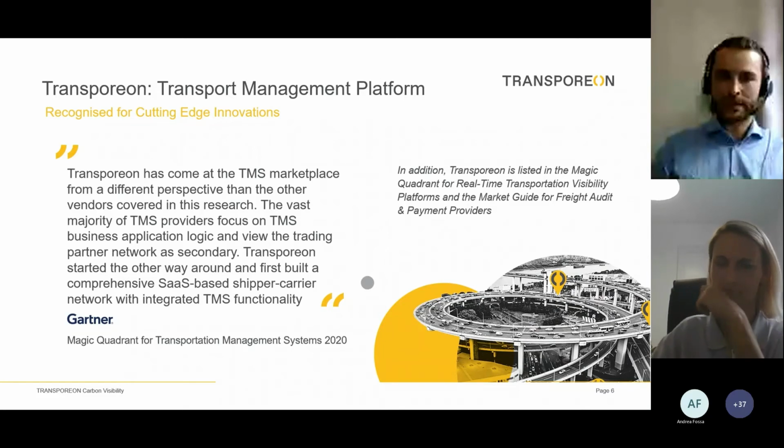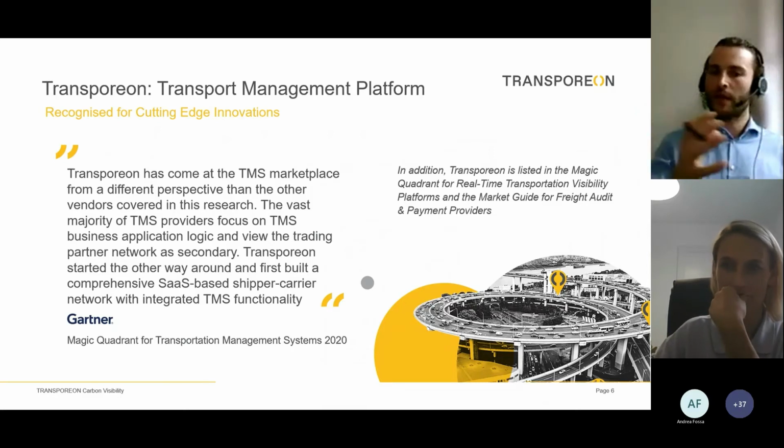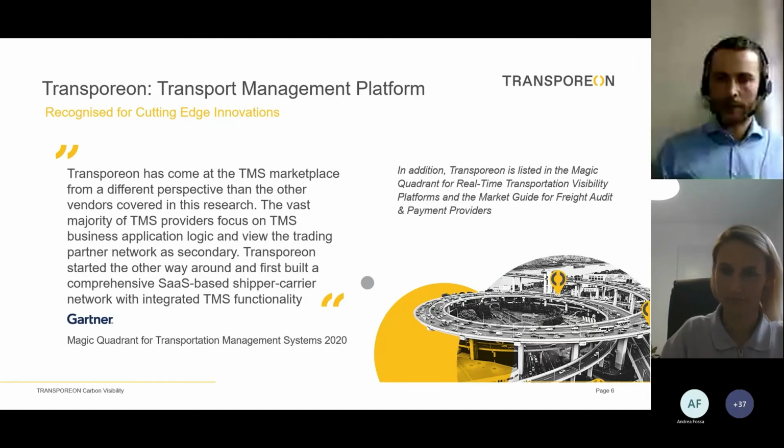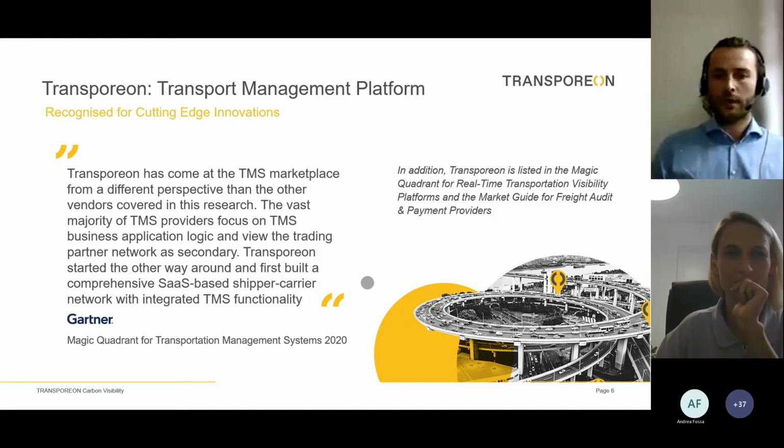We built the network of shippers and carriers first, and on top of this streamlined communication in a protected and closed network, we built several software applications. These range from transport execution applications to dock and yard management, market intelligence, so strategic and operational software applications. And our most recent application is called Carbon Visibility.